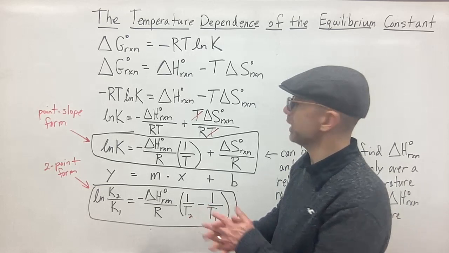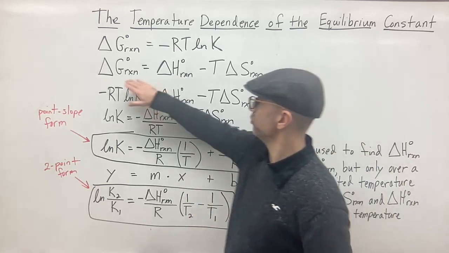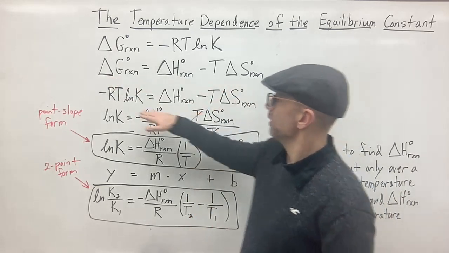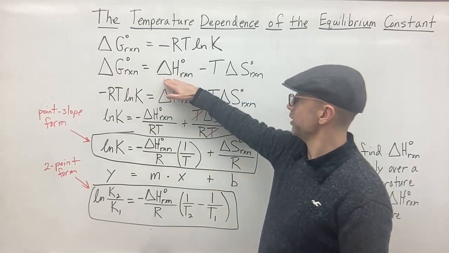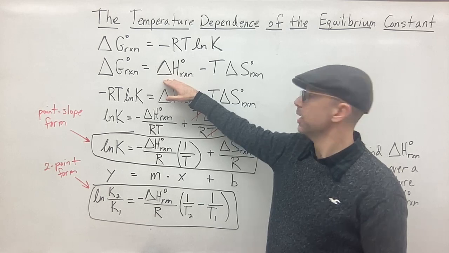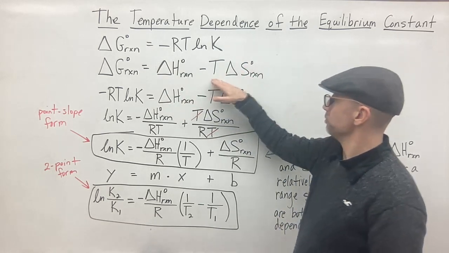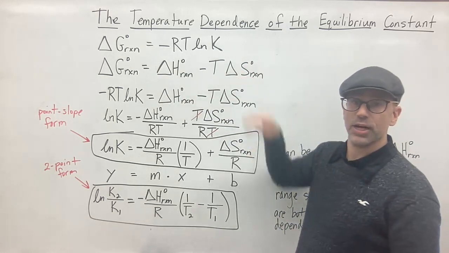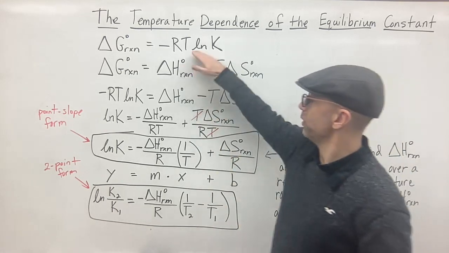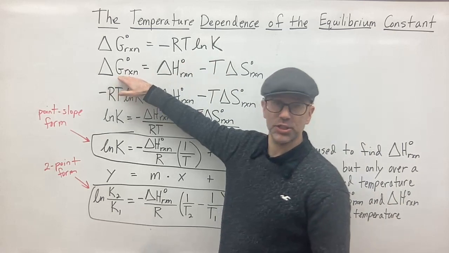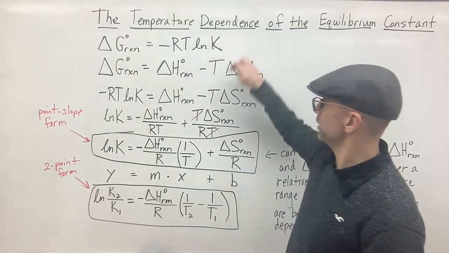And so in a previous video, we also had this equation here that the standard free energy change of a reaction is equal to the standard enthalpy change of a reaction minus the temperature multiplied by the standard entropy change of a reaction. So we have both these equations where the standard free energy change of a reaction is equal to these two things.